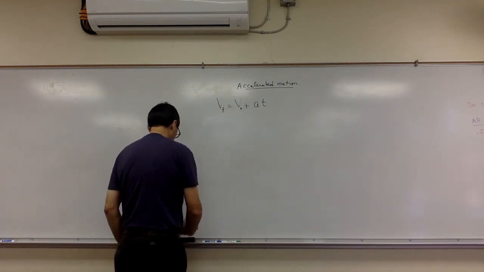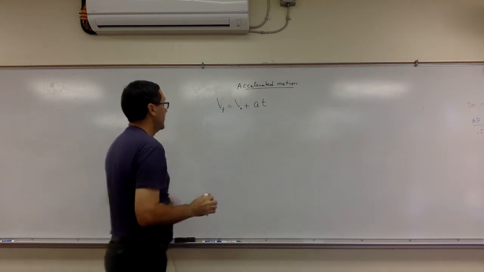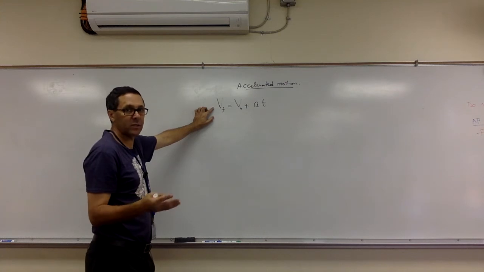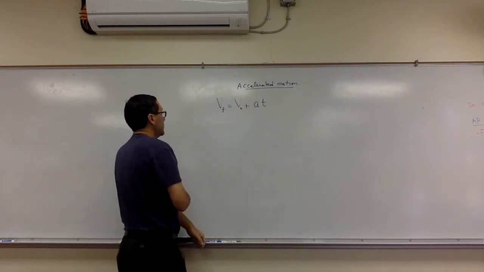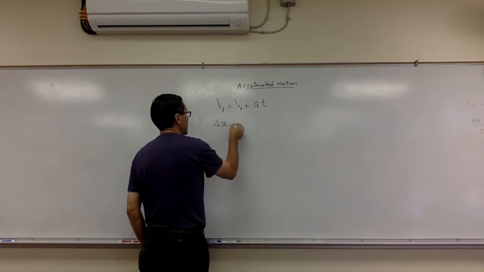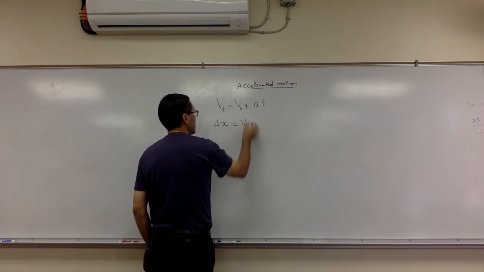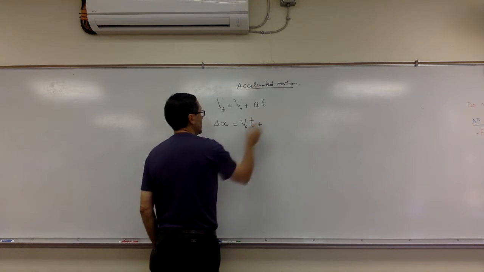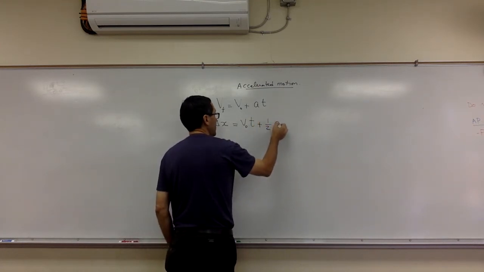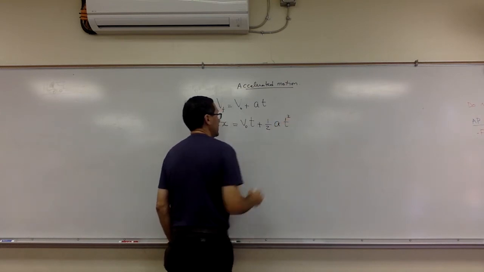In this equation here, you're not going to be able to use it to find the displacement. It's not going to help you. The other one is the one that can help you with the displacement. So displacement is initial velocity times time, plus 1/2 acceleration times time squared.